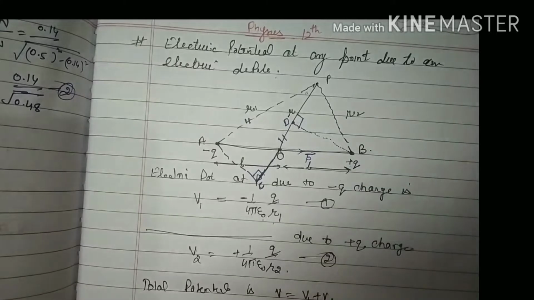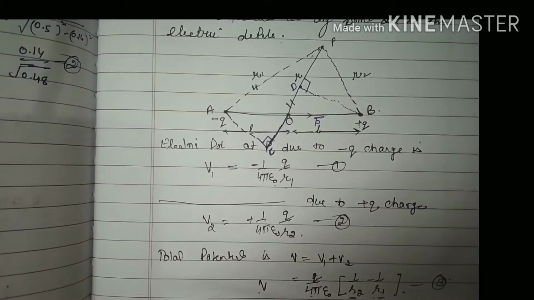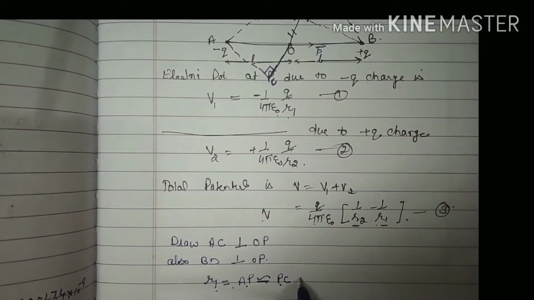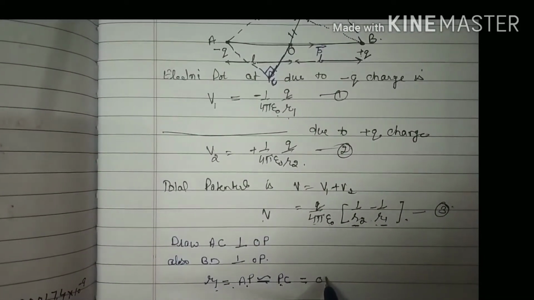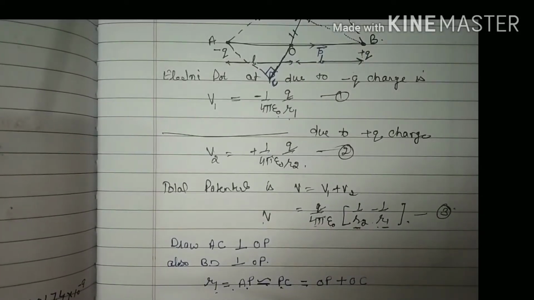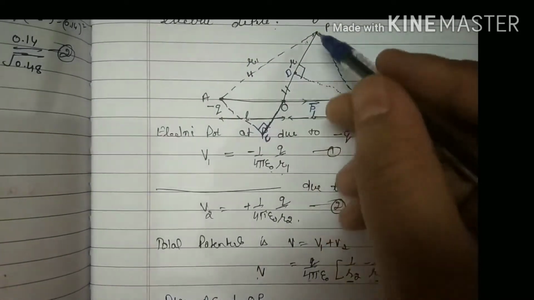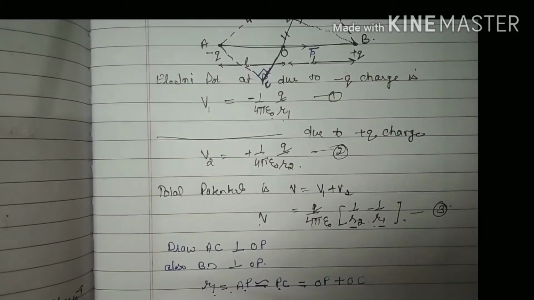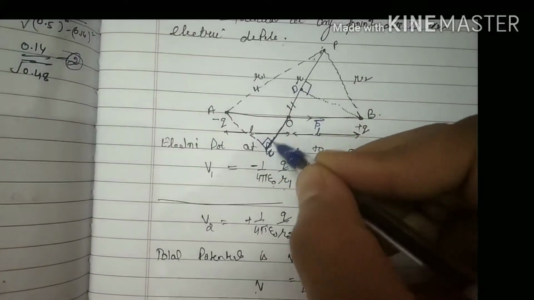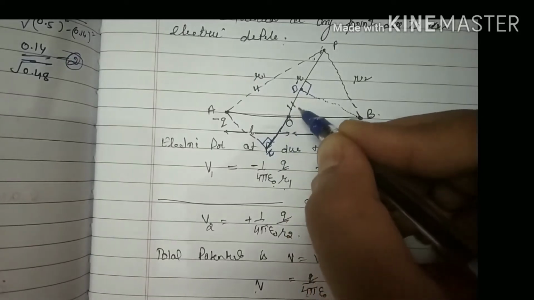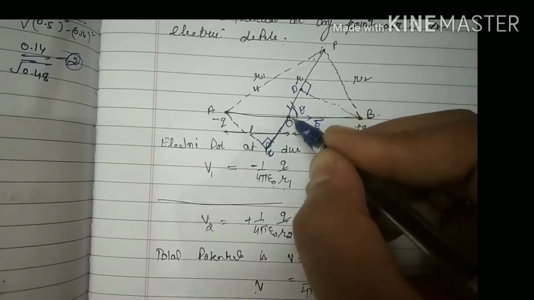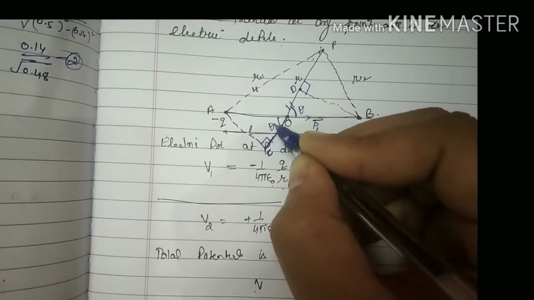This is mathematical. So we can write PC is equal to OP plus OC. Now we know that OP is equal to R, plus this is OC. If this OP makes angle theta, then this opposite angle is also equal to theta.